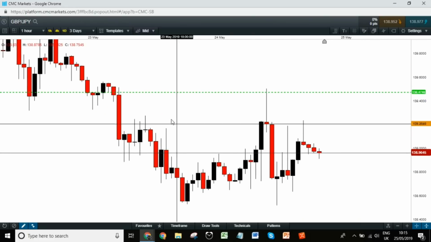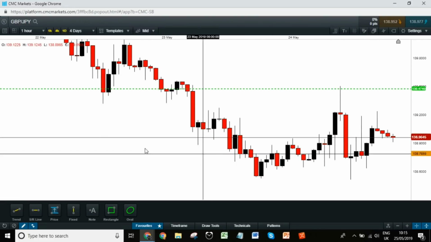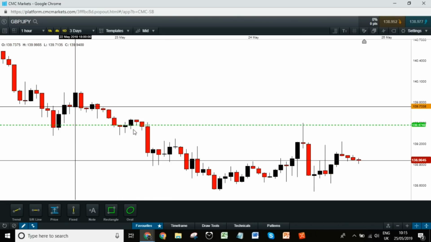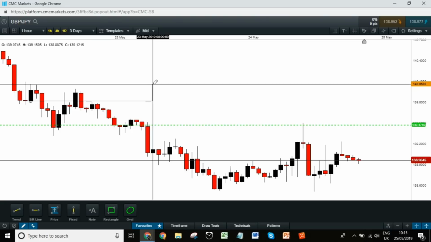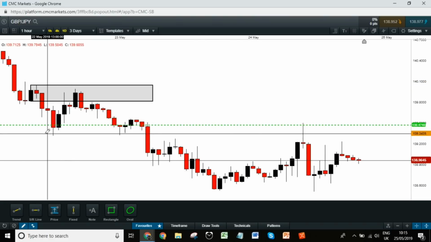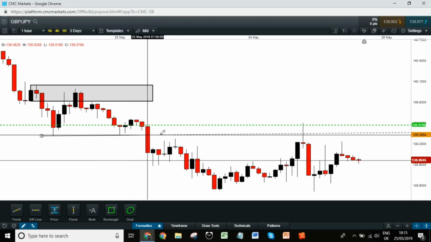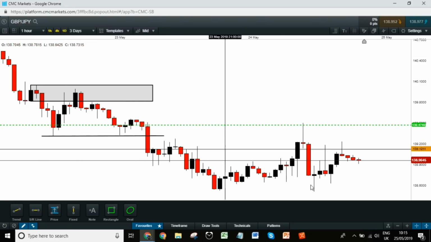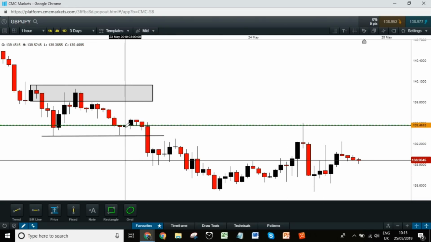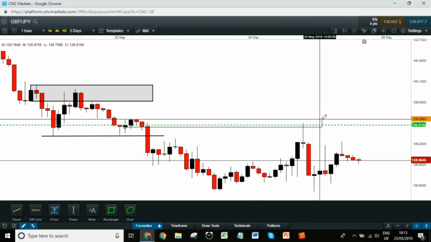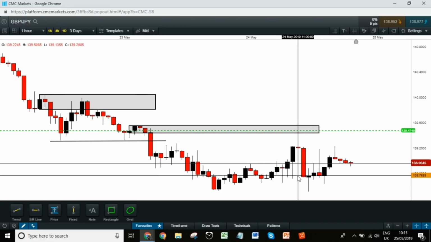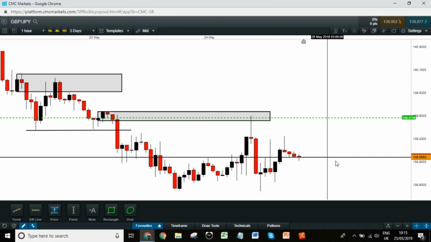So we can see that over here, it's pushed in. This level here, it's not been broken. This low has been passed, but this area here has not been broken. And this is where we are.